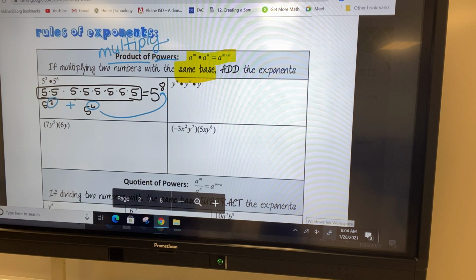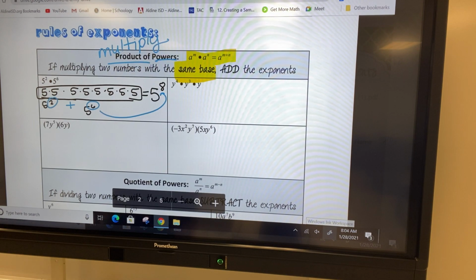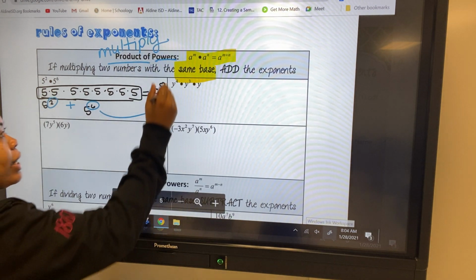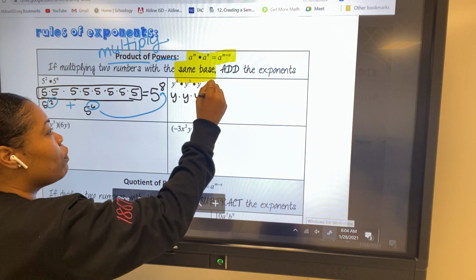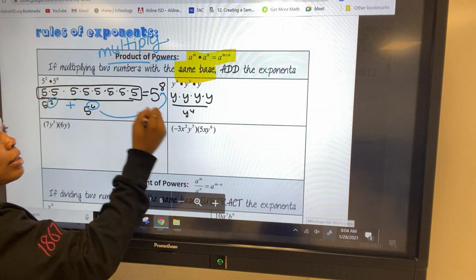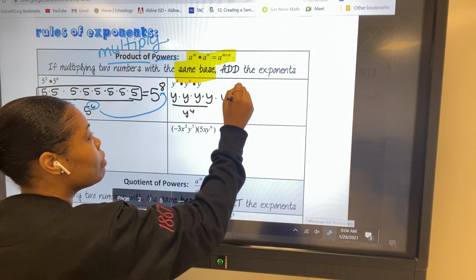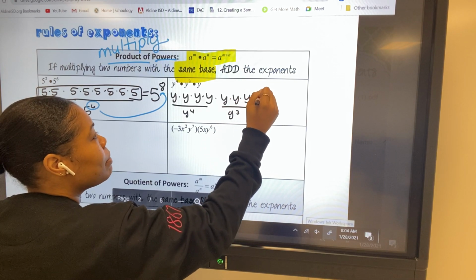Okay, let's take a look at number 2 here. We're multiplying multiple things together. I'm going to start again by expanding it. So we have y to the power of 4, which means we're going to multiply 4 y's. That's y^4 times y^3 times y.